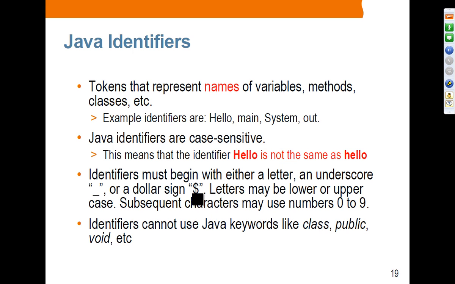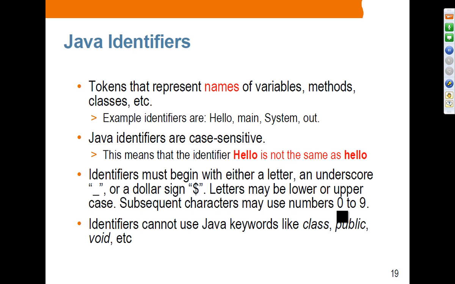Once you start your names with a letter, underscore, or $ sign, then you can have numbers. So when you create the hello class, you cannot have a 3hello.java file or 3hello.class, because a number cannot be the first character. By the way, I'm using the terms names and Java identifiers interchangeably.